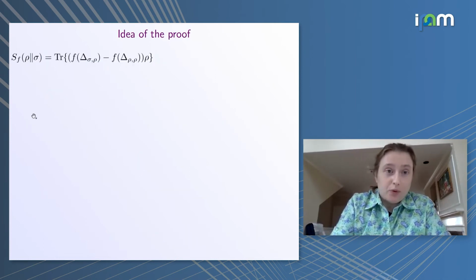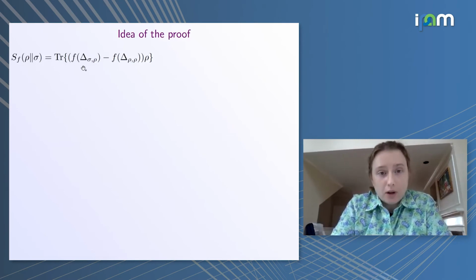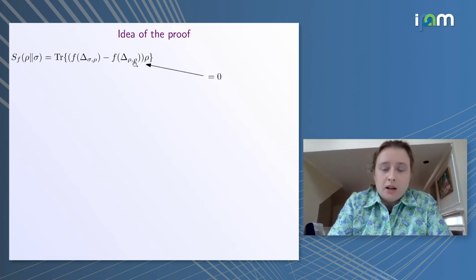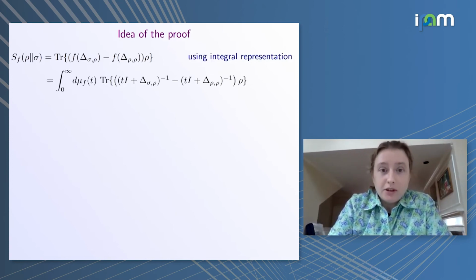So the idea of the proof: if you look at the quasi-relative entropy, I can write it. This is the definition of the quasi-relative entropy, f of the modular operator applied to rho. But then I just add a 0, relative entropy of rho with rho. Yeah, so that's 0. And using the integral representation of the function f, I can write it as the integral, and here's the difference of the inverse operators.